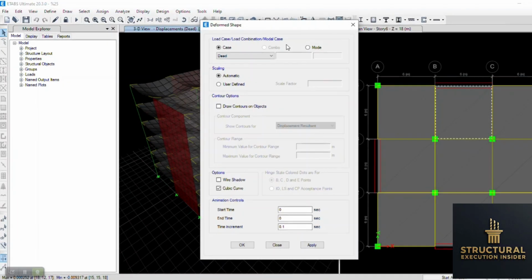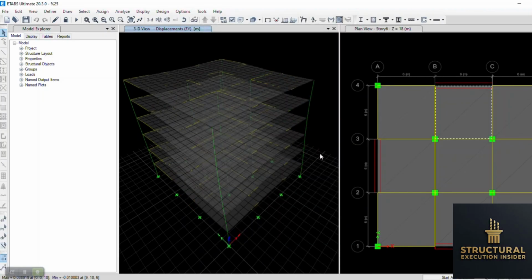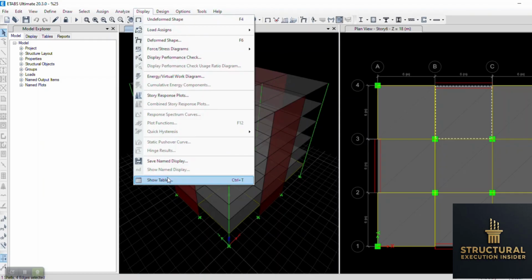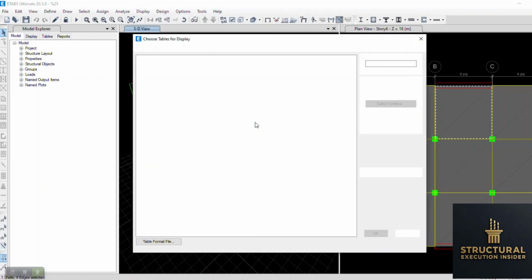Let's verify the behavior. If we display deformed shape under dead load, we can clearly see the walls are active. Stiffness participation is normal, and gravity behavior remains unchanged. Moments, shears, and gravity force paths are all behaving normally.